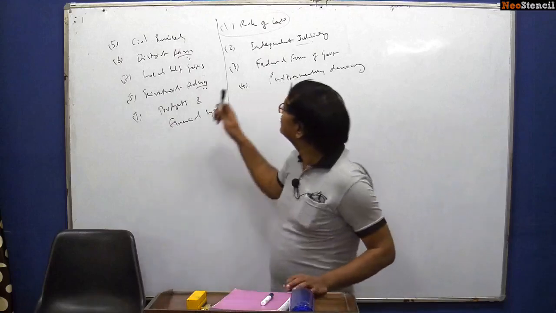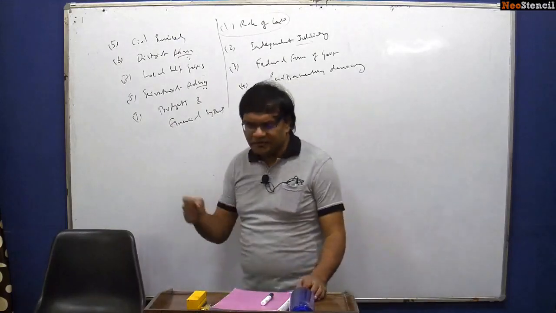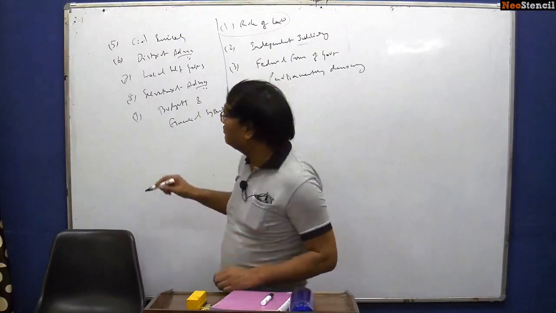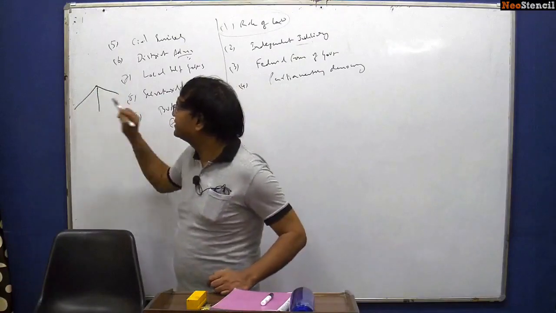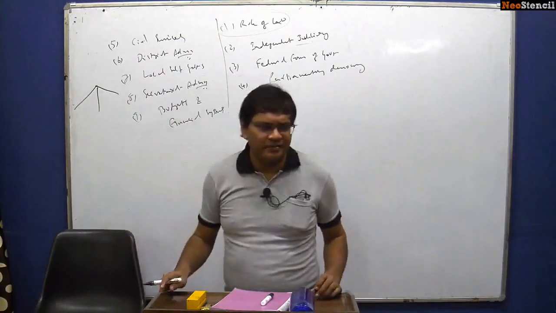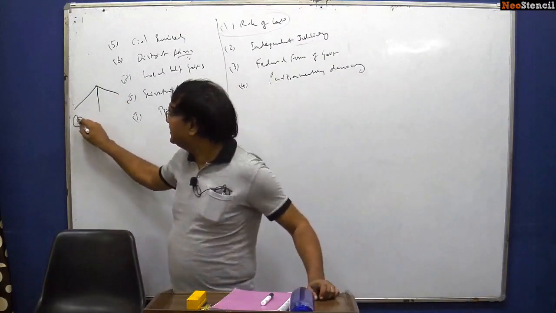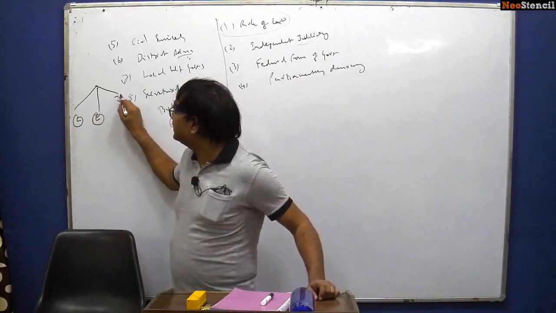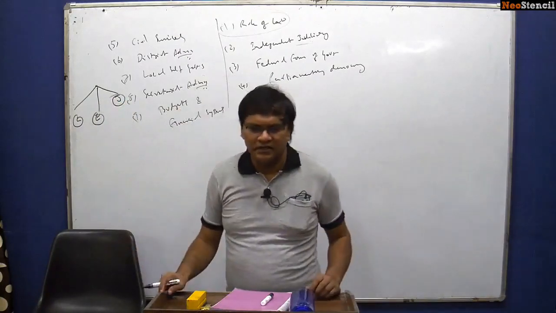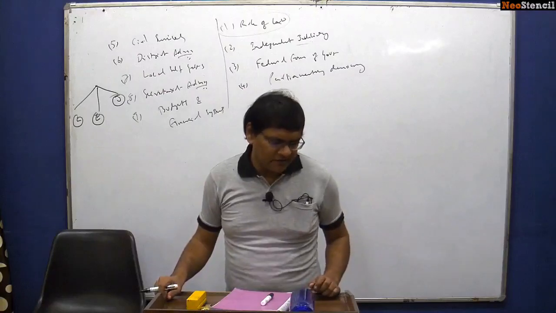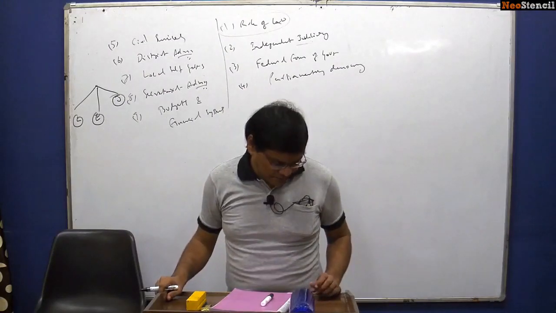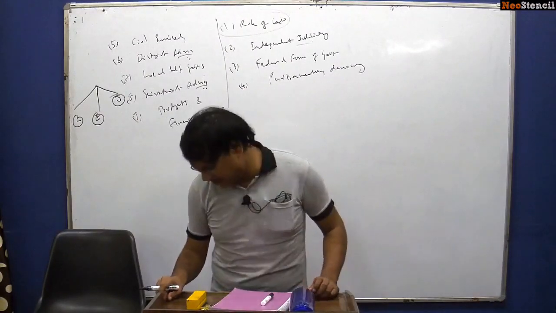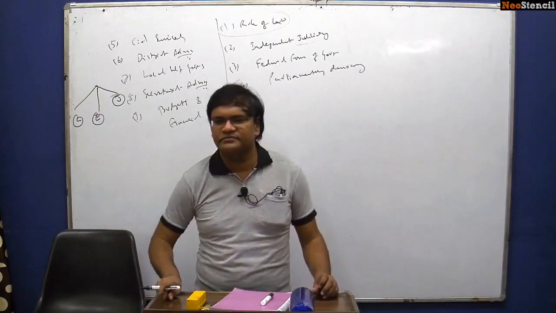The second thing is they introduced a judiciary as part of rule of law. The essence of rule of law, as we have said, is separation of powers between legislature, executive and judiciary.